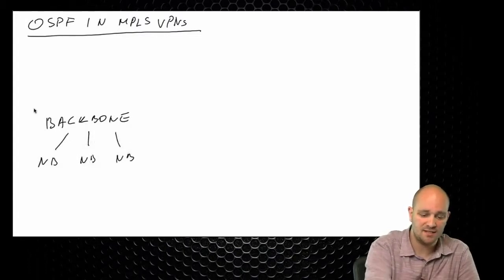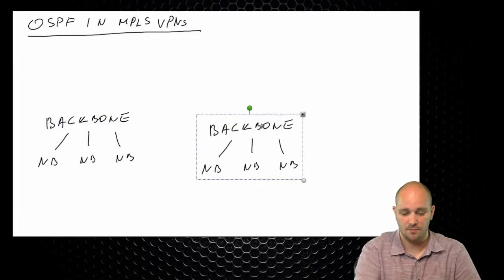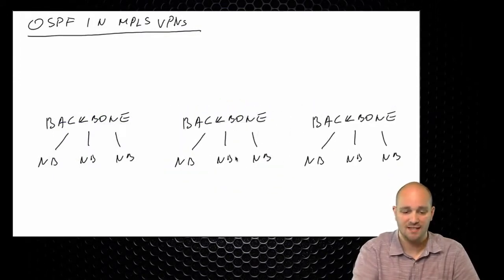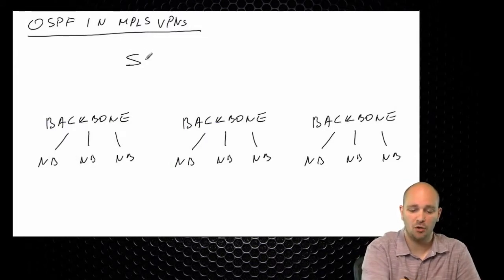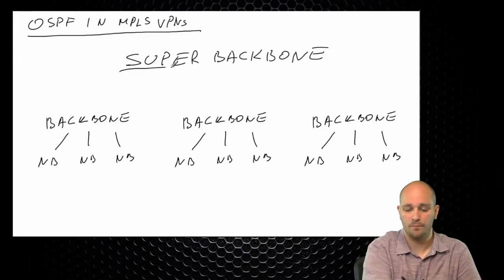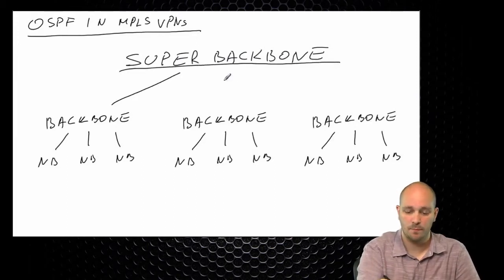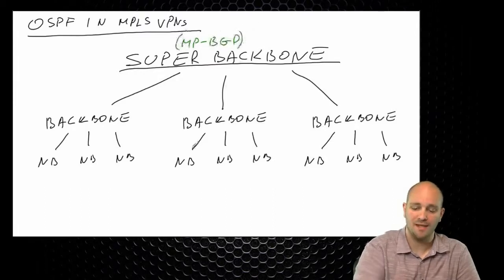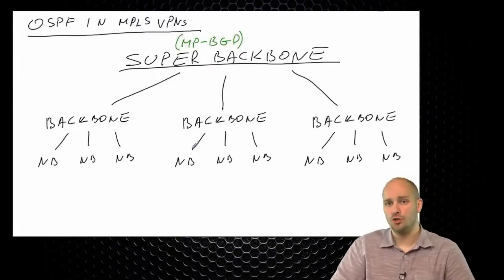So we can have this set up in multiple sites, so we can have multiple independent backbones in our case. Now, all these backbones are connecting to something that is called the super backbone. Now, super backbone is just a fancy name for another protocol that is also commonly called multiprotocol BGP. So multiprotocol BGP acts as something that we call the super backbone.